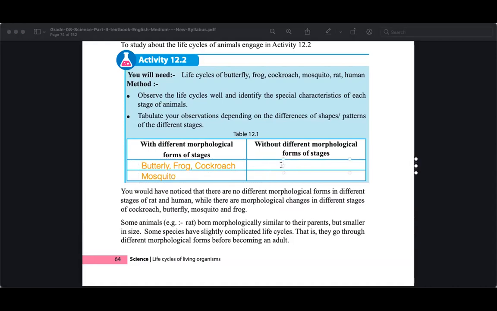But rat and human are on the other side: rat, cat, dog, human. Basically, they are mammals, but these are insects. That is another categorization. They are insects and these are mammals. That is some other difference.